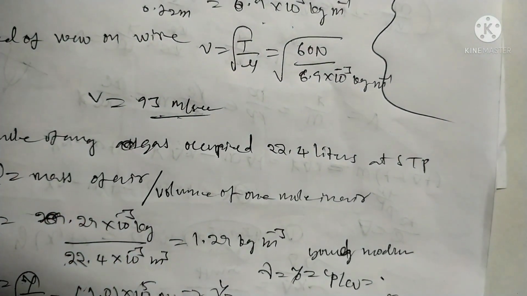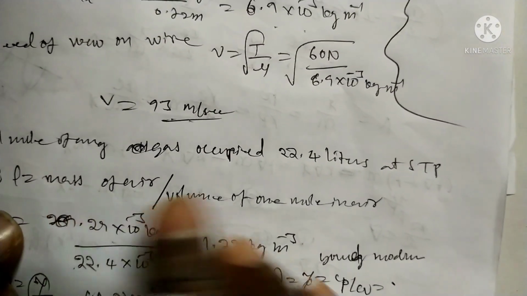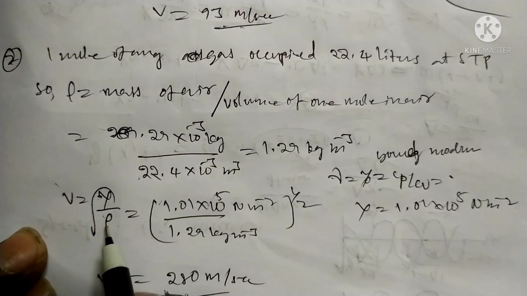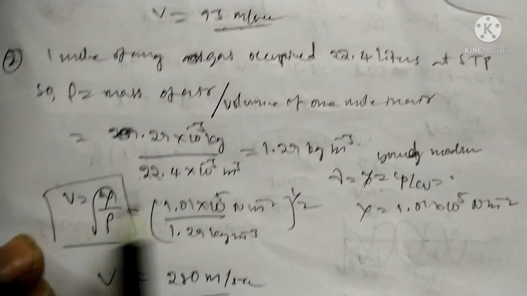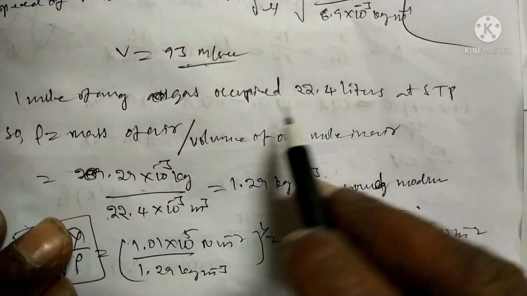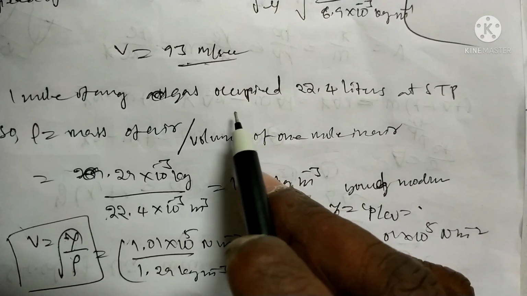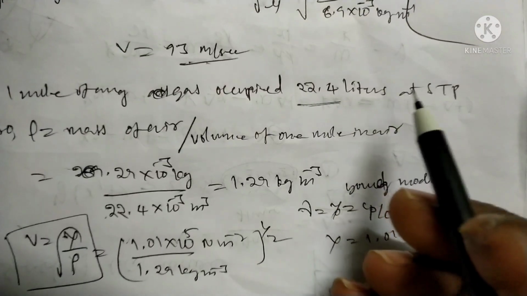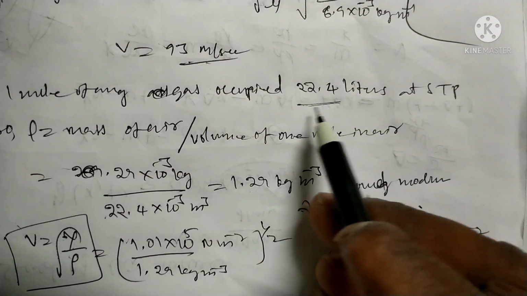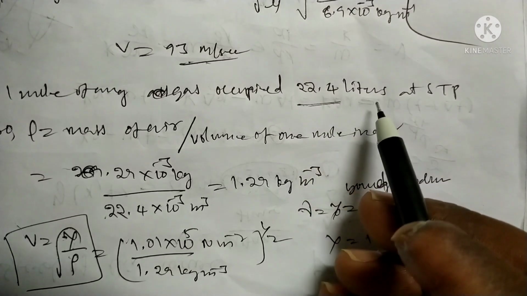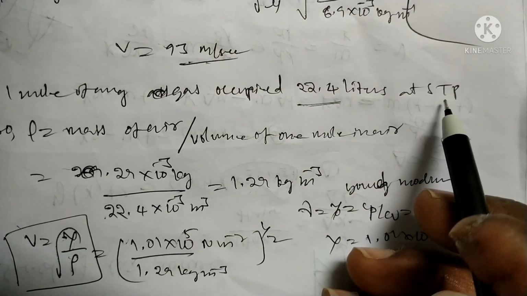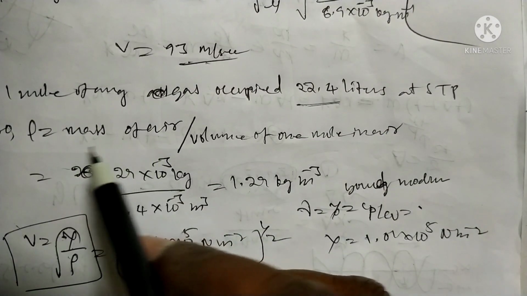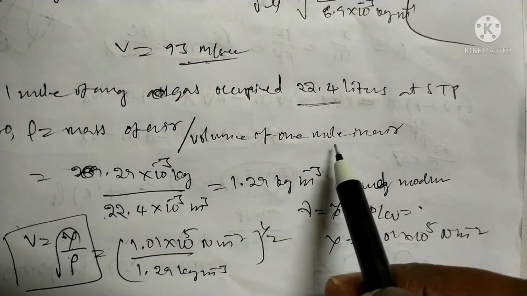The speed of the wave is v equal to root of Y, the Young modulus, by rho. This is the equation. At STP, one mole of gas occupies 22.4 liters. Rho is equal to mass of air by volume of air.